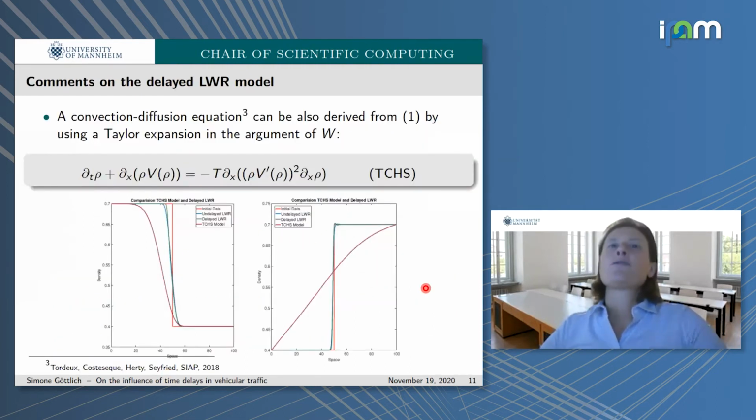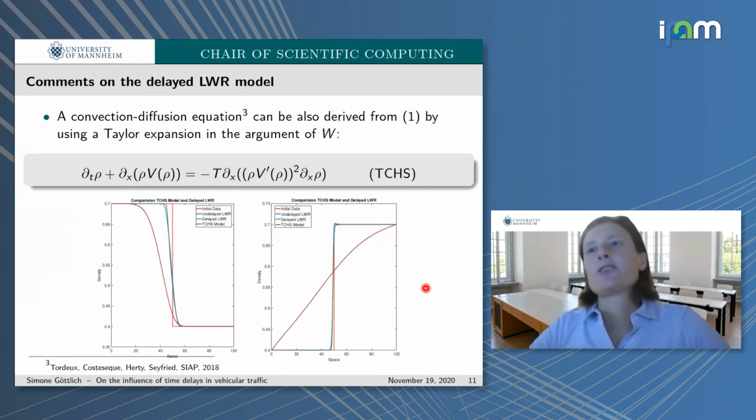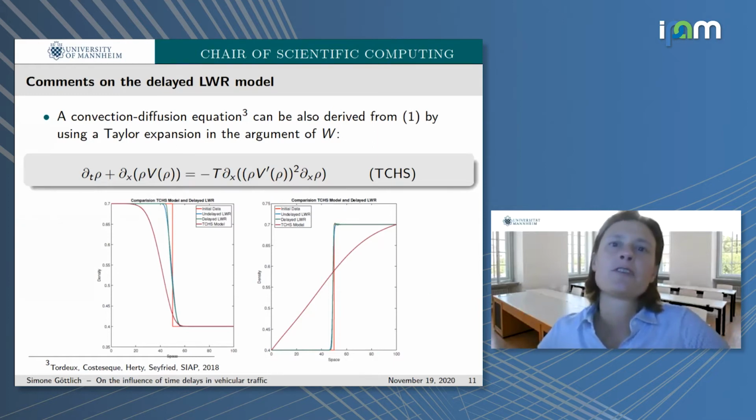I want to further comment on another approach related to the things I've presented so far. In a paper by Tordeux, Kostasek, Hertie, and Seyfried, they had a similar idea to derive such a delayed model, but the clue is that they also started from the microscopic model 1 I've presented, but they did a Taylor expansion in the argument of W, and then they redid all the calculations we also did.